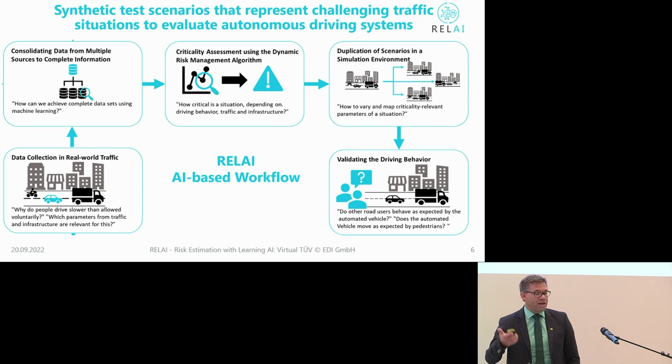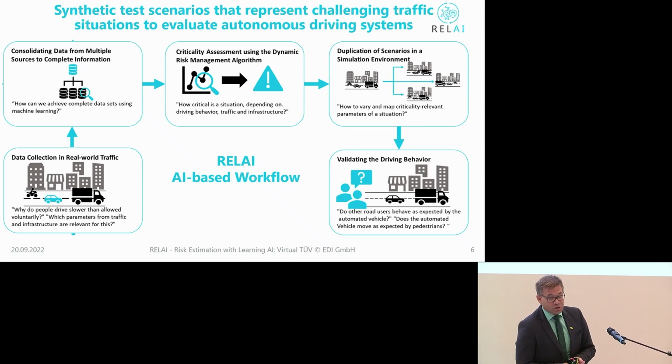Again, as I mentioned in the beginning, we built an AI-based tool chain which allows us to identify critical situations in real-world scenarios. That could be test drivers who are driving around at the moment. On the highway you see a lot of cars with symbols showing there is a camera inside, because from the suppliers to the OEMs, people want to gather data to understand what happens in traffic and whether our system works the right way.